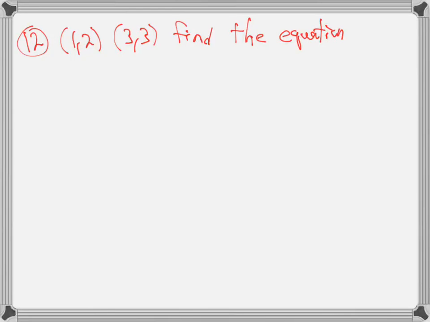So there's those same magic words, find the equation, right? So when we see those words, find the equation, what do we do? A step 0 where we do slope equals y2 minus y1 over x2 minus x1, right?